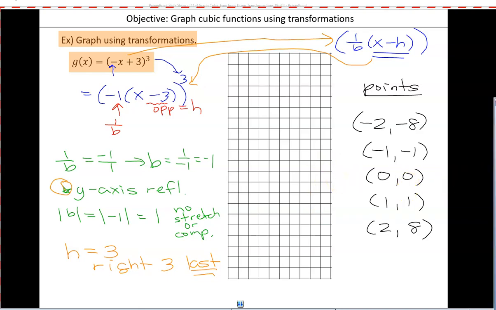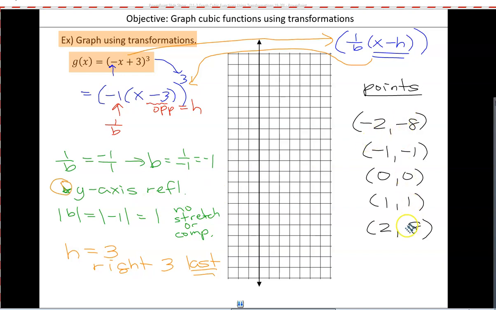So the biggest deal is that positive 2 is going to move further to the right 3 to a 5. So I want to make sure when I draw my axes that I have at least 5 squares over here. So I've got 2, 4, 6, 7, so I got plenty. I don't have to worry about my y's changing at all this time because my reflection is a y-axis reflection, and I don't have any vertical stretches or compressions. I don't have any translations up or down.